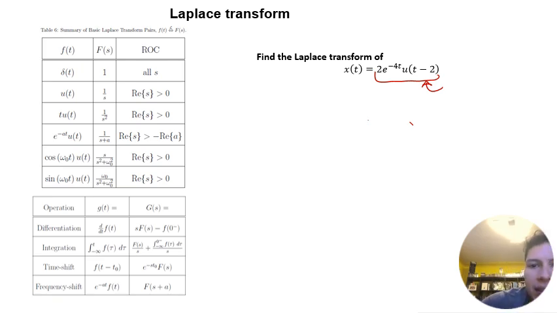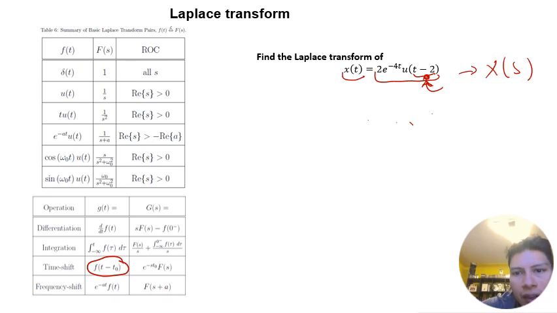So we're going to actually find what x of s is for this particular function. But to do that, since we have a delay on the unit step function, that kind of hints to us that we want to use this delay property, the time shift property.